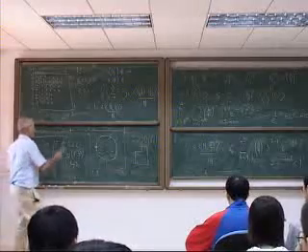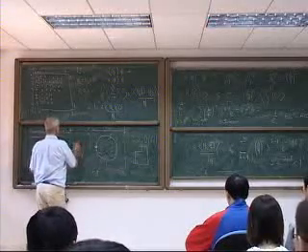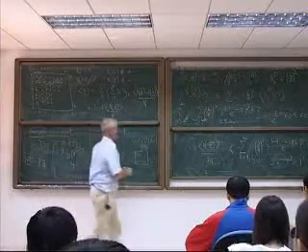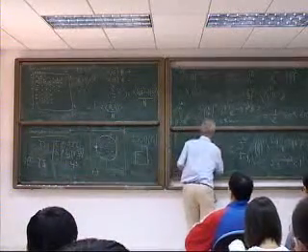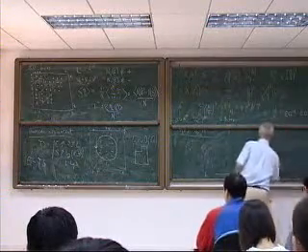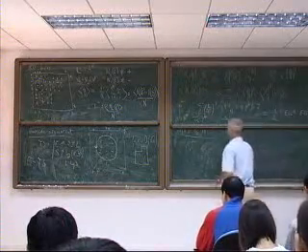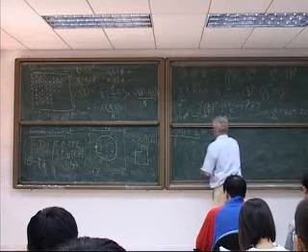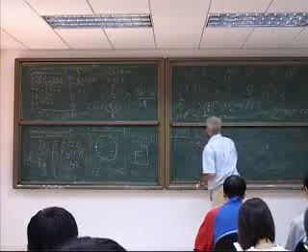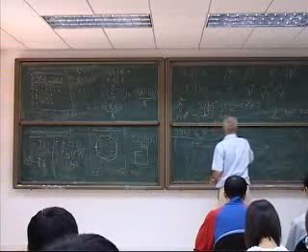So, let's do this argument in one dimension. Here I make plus, here I make plus. So I want to calculate, make bubbles.